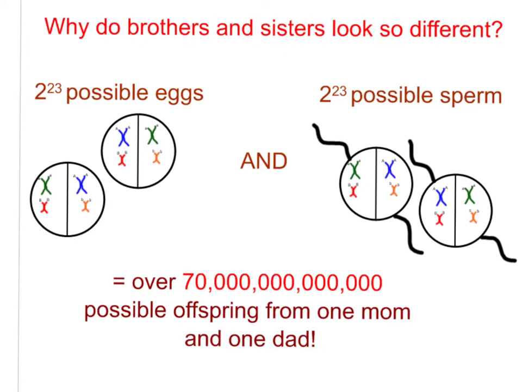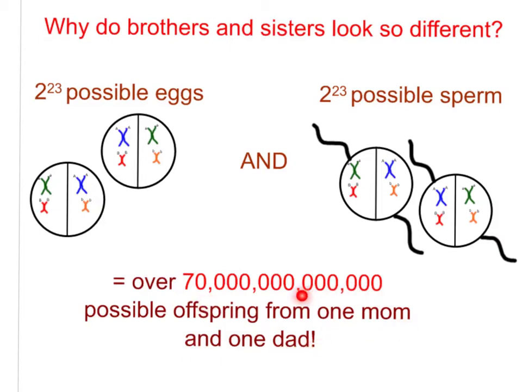So now, let's look at what happens when we combine an egg with a sperm. We have 2 to the 23rd possible eggs, 8 million plus different possibilities there, with 8 million plus different possibilities for the sperm. And when we combine those together, there are over this many possible offspring that could be produced from one mom and one dad.